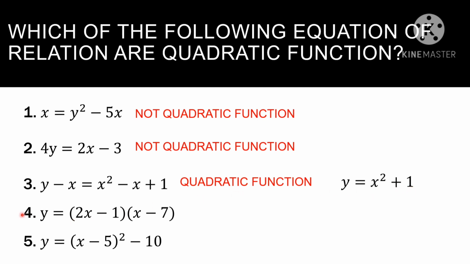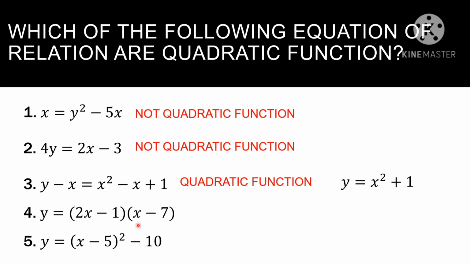Okay, then the fourth given is y equals the quantity 2x minus 1 times x minus 7. So this one is an example of quadratic function. How do we know that this is a quadratic function? We need to expand the product of 2x minus 1 and x minus 7.